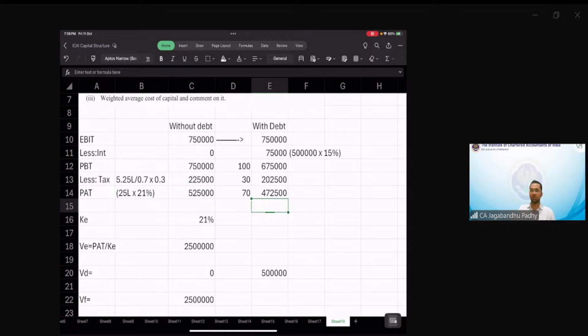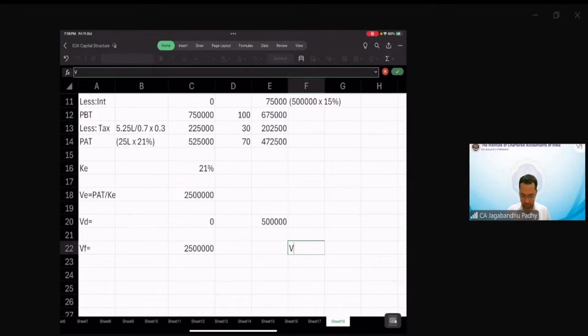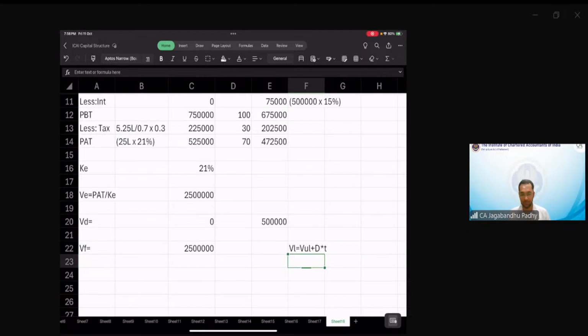Okay. So coming to this MM model. The conclusion was the value of a levered firm was equal to value of unlevered plus debt into tax rate. This is what we have already learned, right?